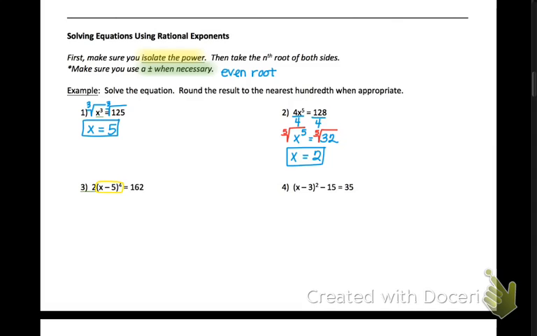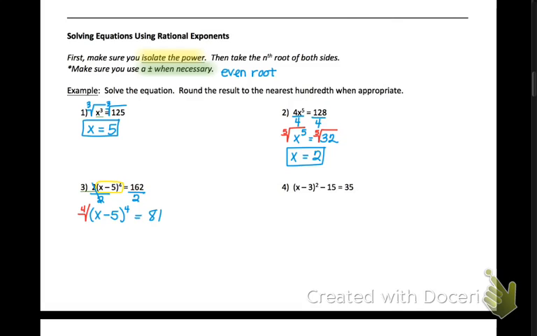So since we need to get that parentheses term by itself, we'll start by dividing by 2. That'll cancel out this, and it leaves us with just the quantity x minus 5 to the 4th power equals 81. Now, we can't do anything else until we get rid of that 4th power.